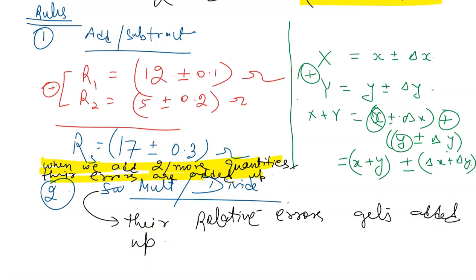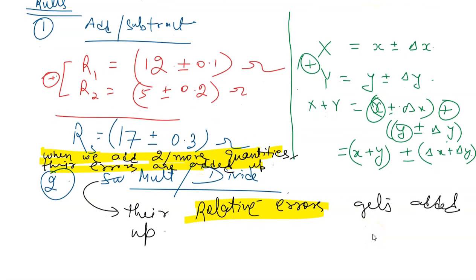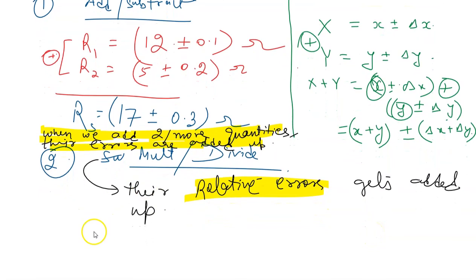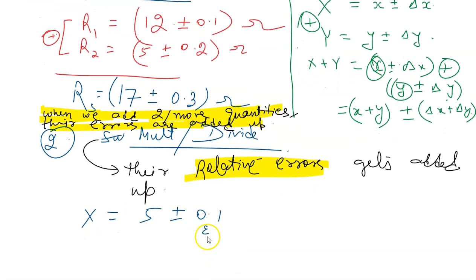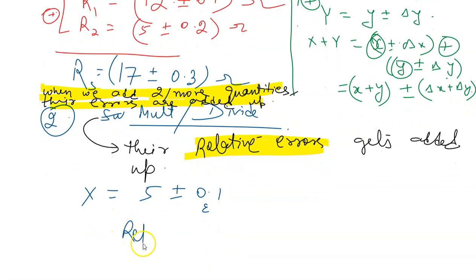Now, what is this relative error? As the name suggests, relative error means error with respect to the value. So let us say here I am writing any value as 5 plus minus 0.1. So what is the error? This is the error. So the relative error in this case will be the error value with respect to the measured value 5.